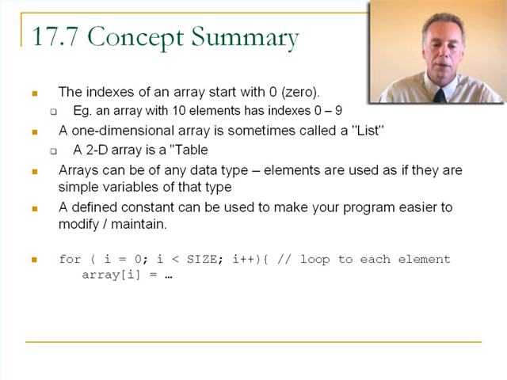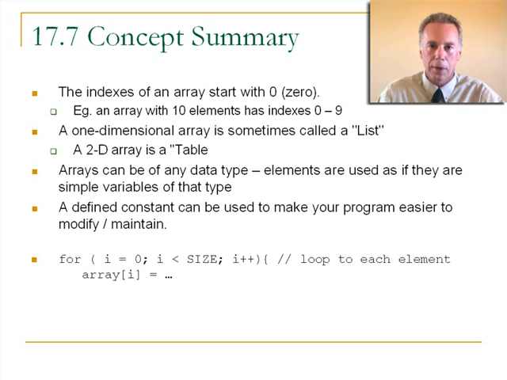We have defined constants. Again, in this segment, they can make your program easier to maintain, and the defined constant we used specifically is the size of the array, so that you can change the size and that would impact the behavior of all of your loops and so on that manipulate the array. And here is a for loop that touches every element of an array, and you should be able to do this one in your sleep.